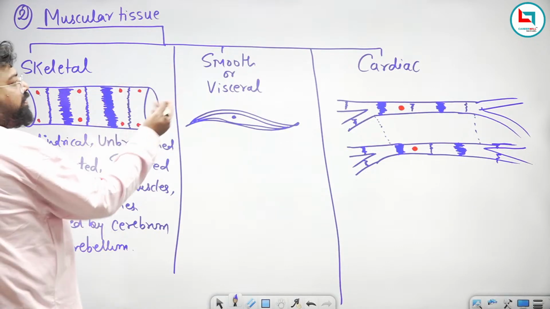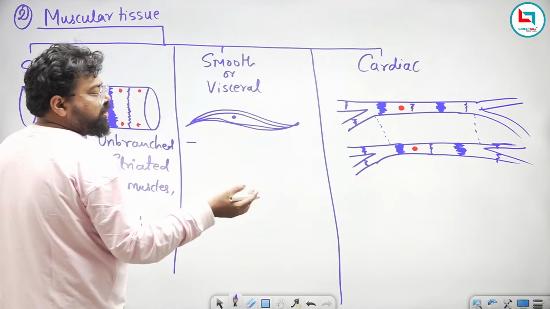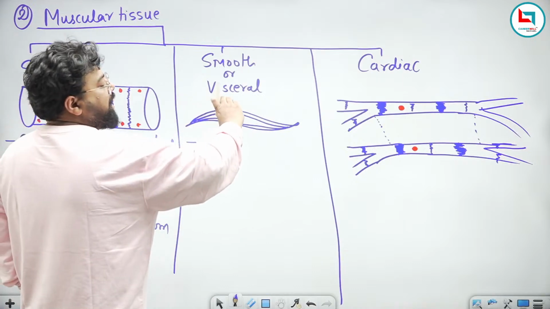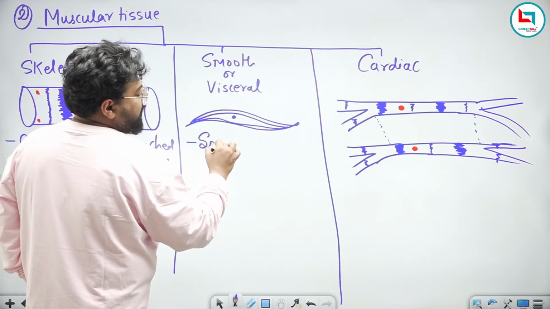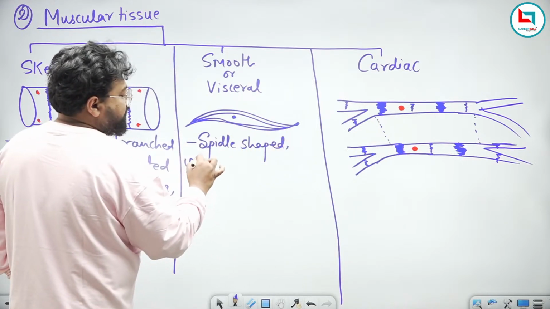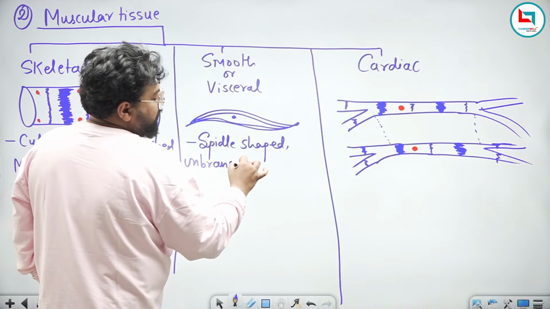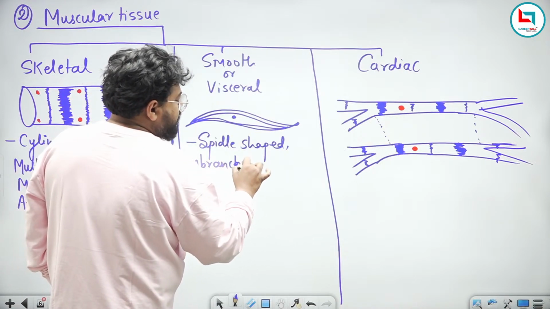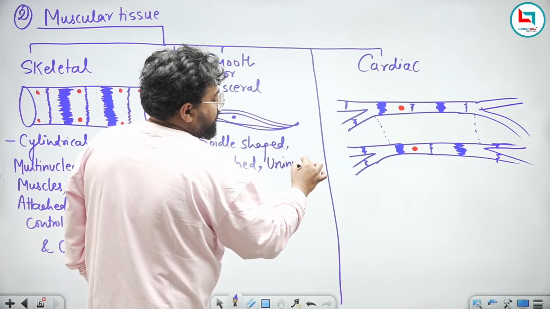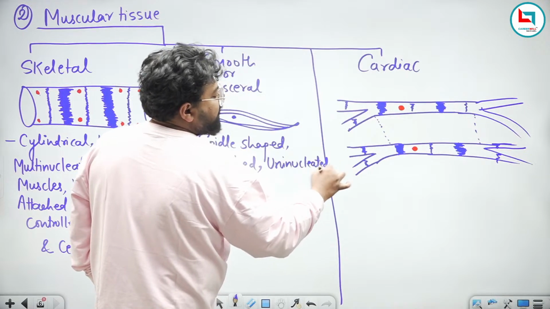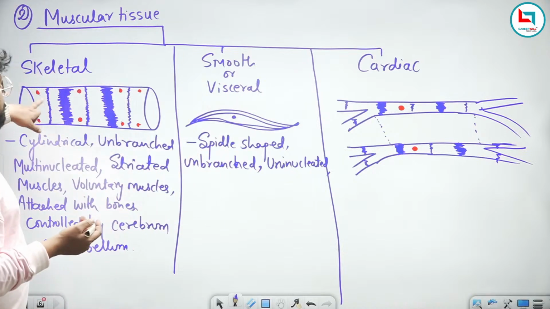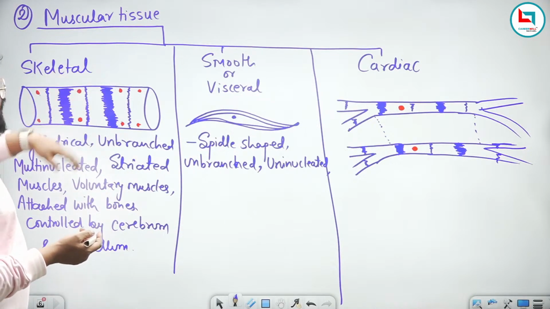If we see the characteristics of smooth muscles, these are spindle in shape. Spindle means tapered at the ends, flat at the ends and bulky in the center. So these are spindle shaped. Again, they do not show any branching pattern, so these are unbranched. They have only a single nucleus in the center, so these are uninucleated. Plus, when we stain them with a dye and observe them under the microscope, we do not see any lines or light dark pattern of bands.